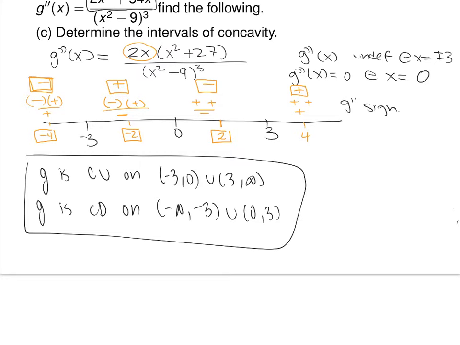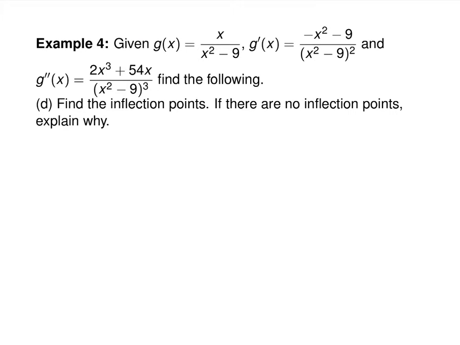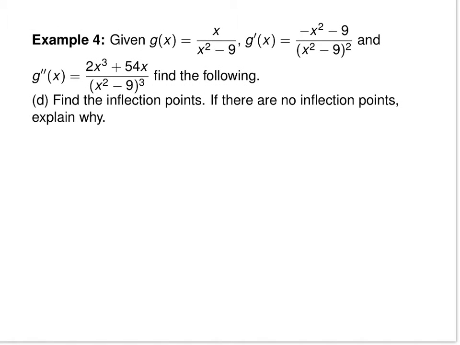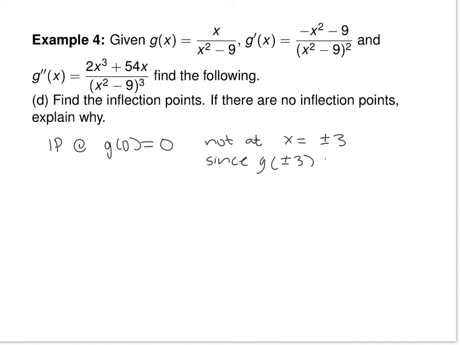Are there any inflection points? Only at 0. Not at x equals plus or minus 3, why? Since g of plus or minus 3 is undefined.